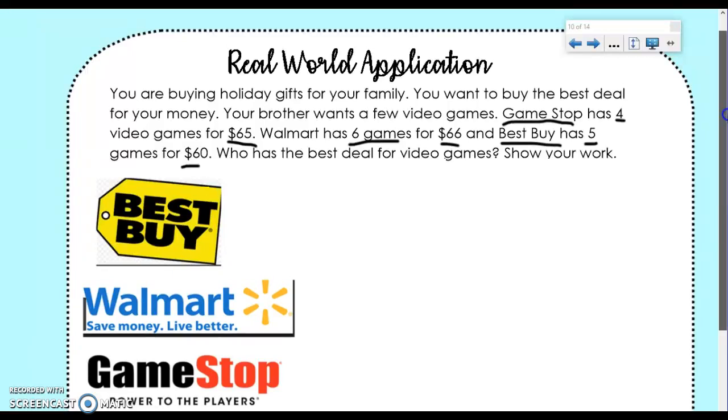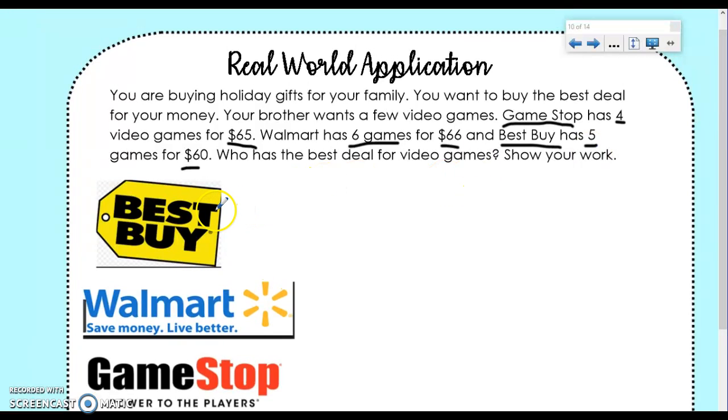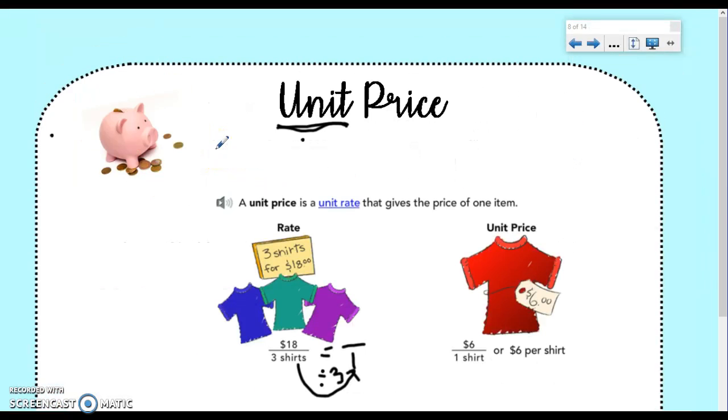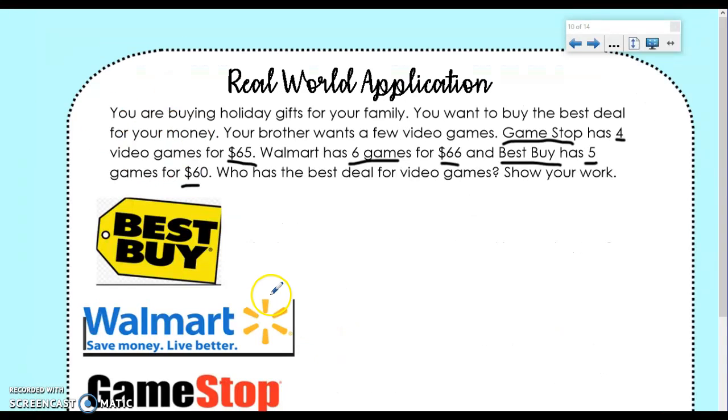Okay, so my thoughts on this, guys, is I'm going to say, all right, well, Best Buy. Best Buy had 5 for $60. Well, on the slide here, we learned prices on top, items or amount on bottom. So if Best Buy had games 5 for $60, I know that my 60 needs to go on top and my 5 needs to go on bottom.